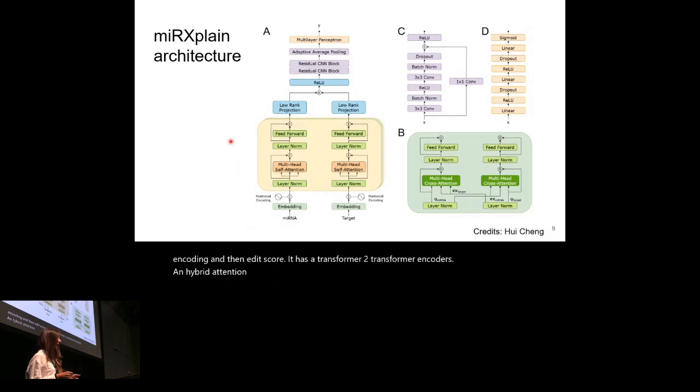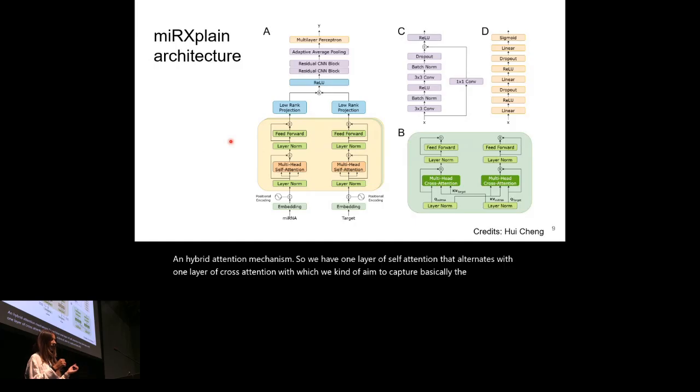So we have 1 layer of self-attention that alternates with 1 layer of cross-attention, with which we aim to capture the intradependencies of the sequences and also the interdependencies between the microRNA and the target sequence. After that, we have some ways to fuse together the projected embeddings, and the final interaction map is used inside a sigmoid to perform the classification.